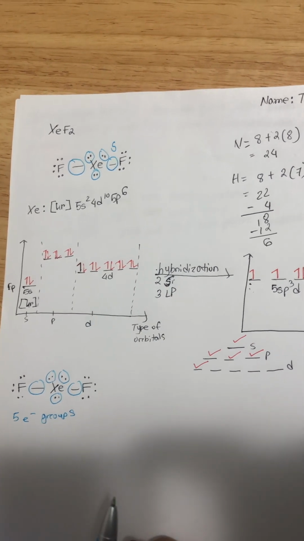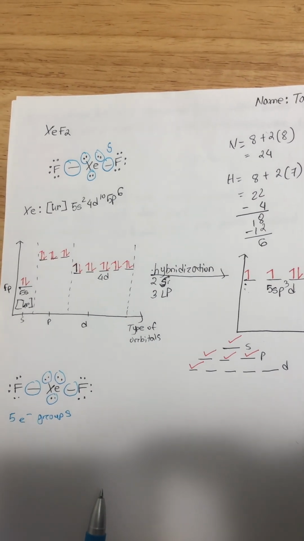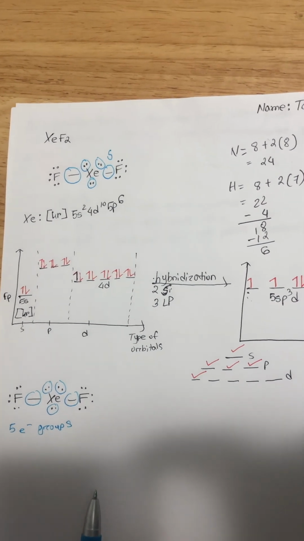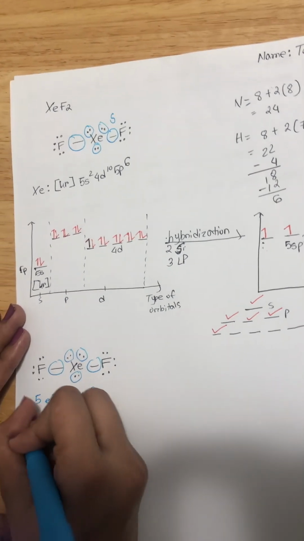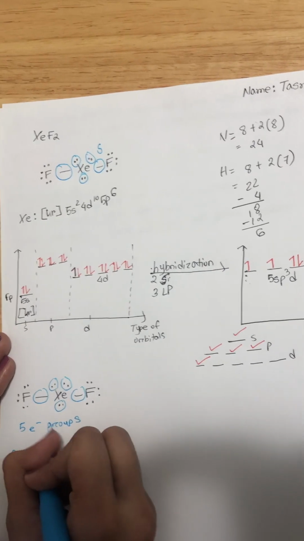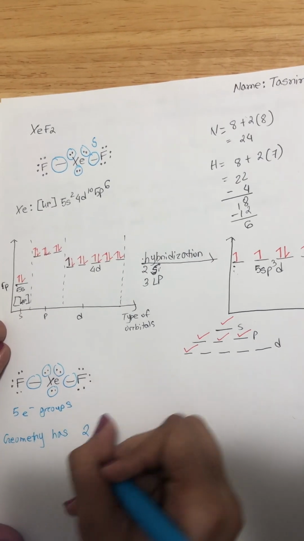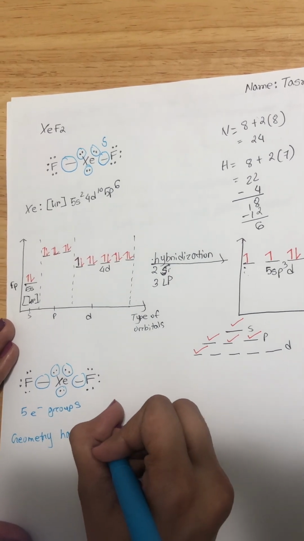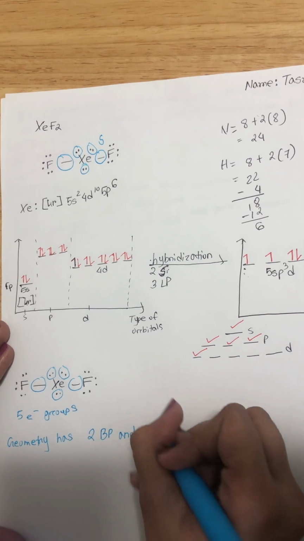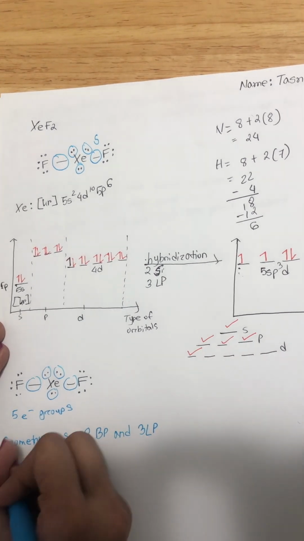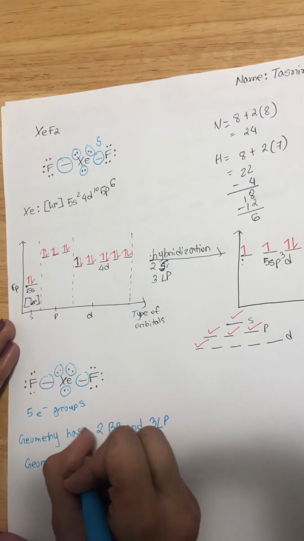While counting the electron groups, the bonding pairs and lone pairs on the central atom are counted to predict the geometry. This compound has 2 bonding pairs and 3 lone pairs. So the geometry will be trigonal bipyramidal.